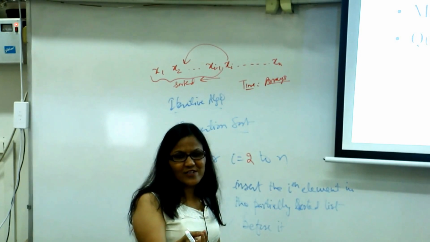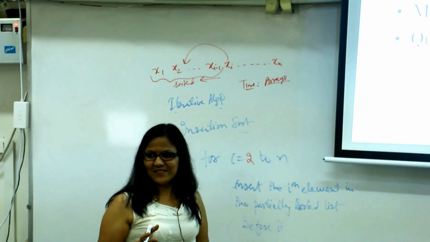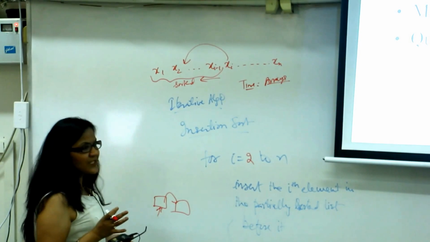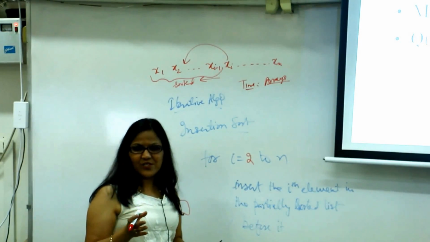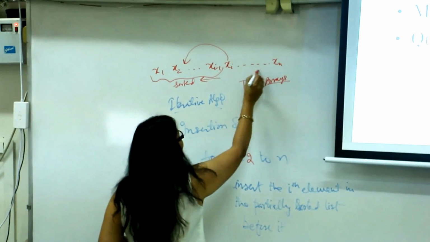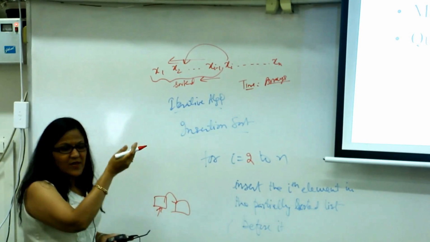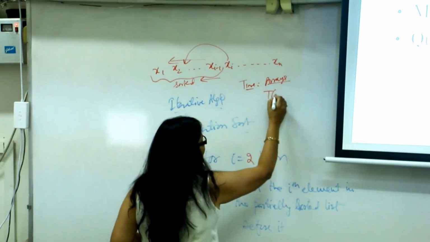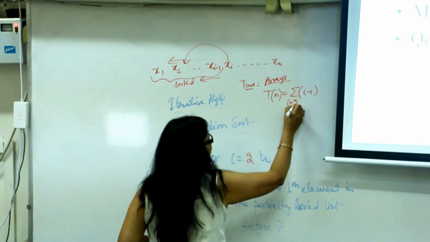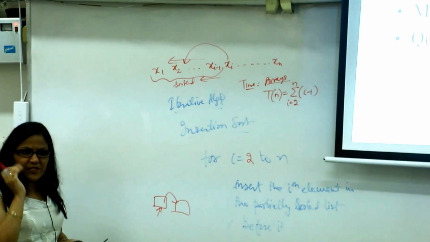If you start your analysis with the ith iteration, you will do the correct analysis. In the ith step, you are doing at most i minus 1 comparisons, going like this, at most i minus 1 elements you will have to compare with, and so i going from 2 to n. You can solve this series, I am not going into that.